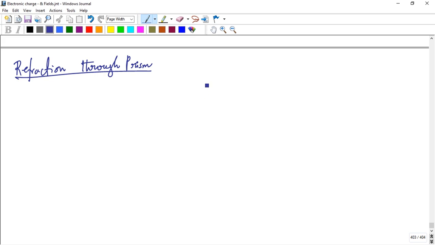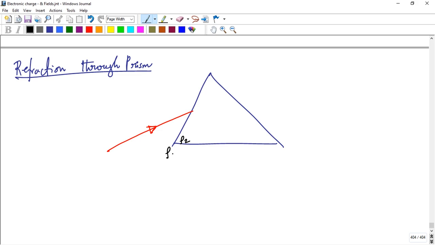Okay, so refraction through a prism. There is a prism and this is the incident ray. Keep in mind the inside has density rho 2 and the outside has density rho 1, that is the optical density. So the density inside the prism is much greater than outside.